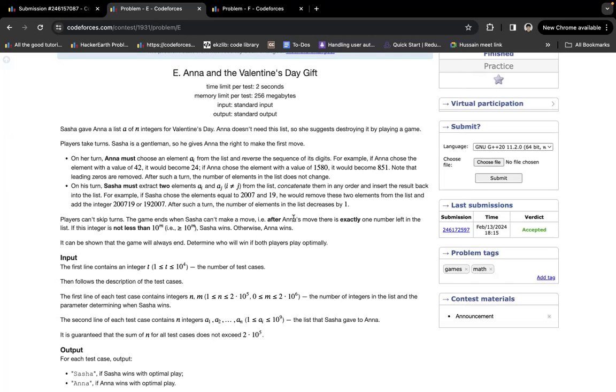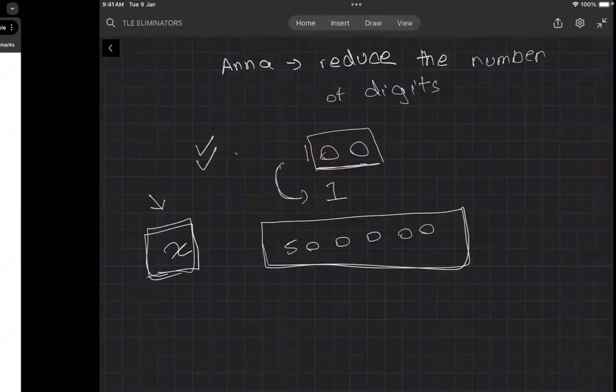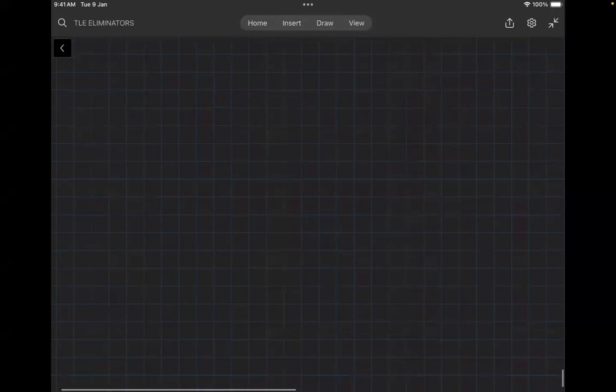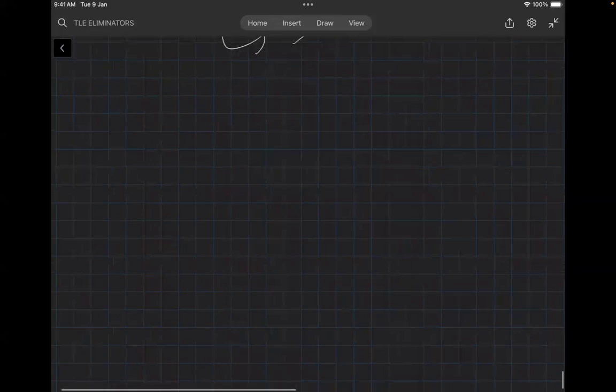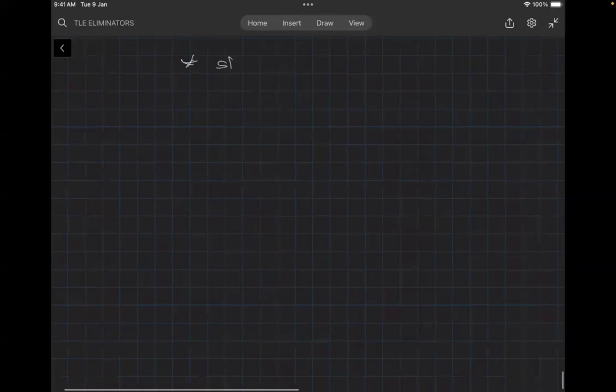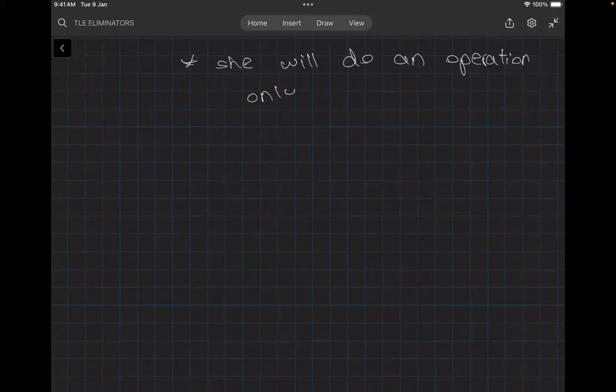Now, one more thing to notice is that, let's say there is a number 500. Anna does the operation once, makes it 5. Now, if she does any number of operations again, the number of digits does not decrease. So what does this mean? She will do an operation only once on an element.